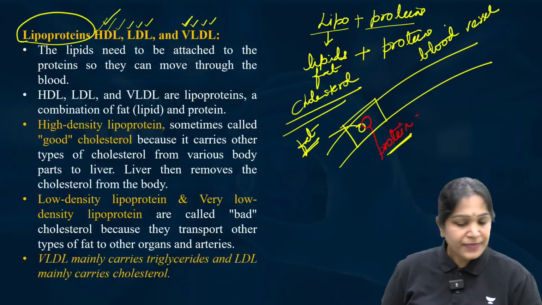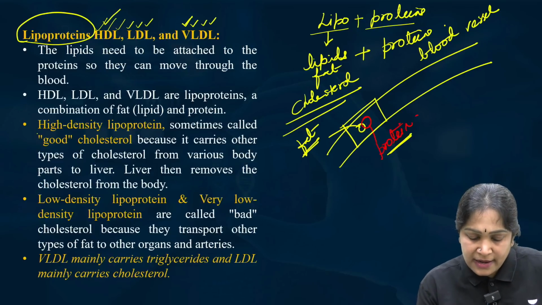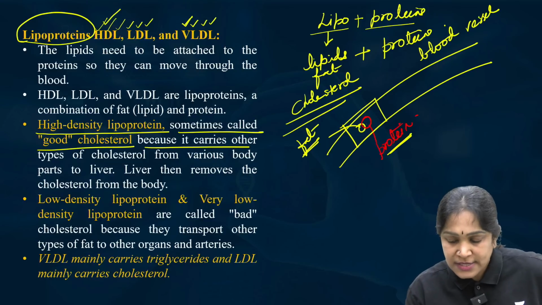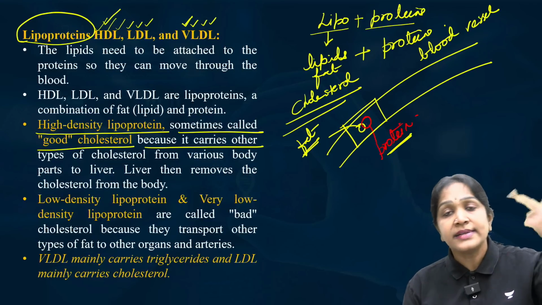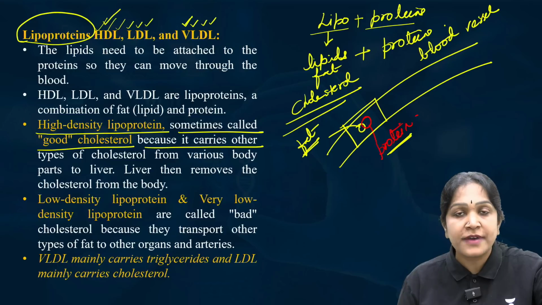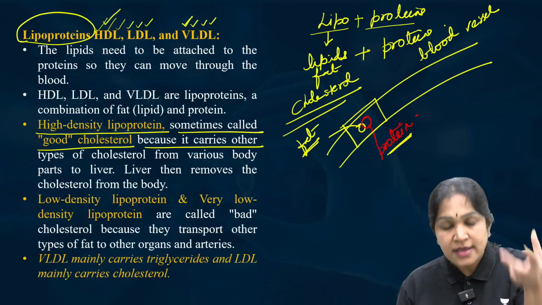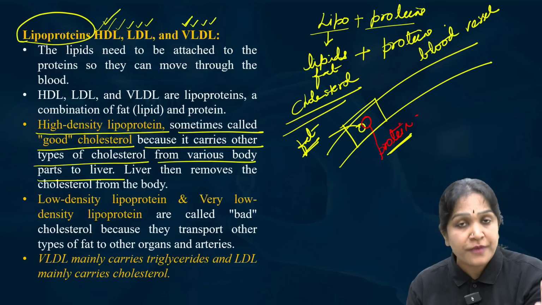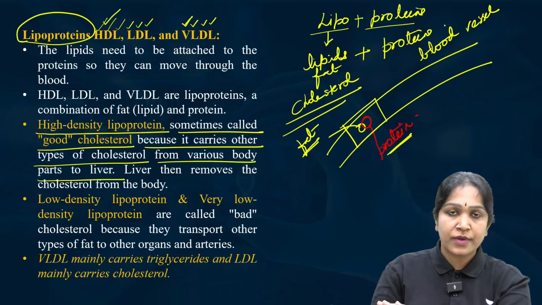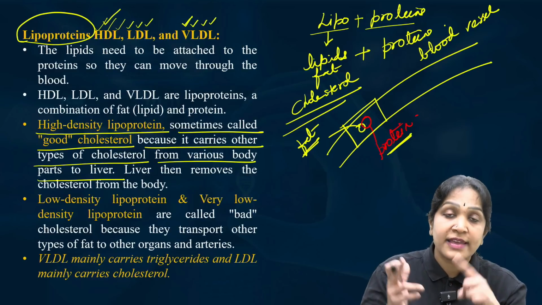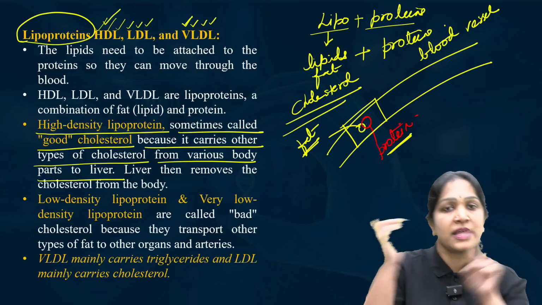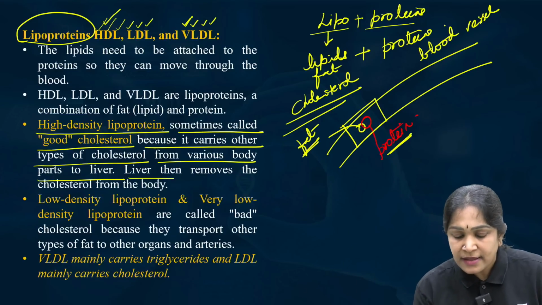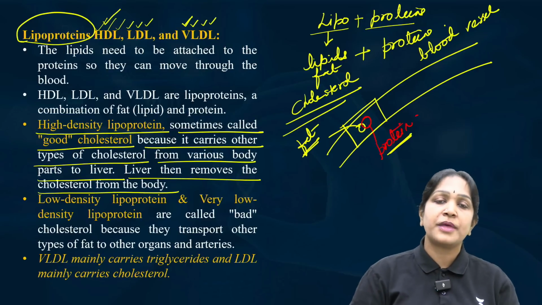Because the HDL, high density lipoproteins, are called good cholesterol because they carry other types of cholesterol. What is the function of HDLs? They carry other types of cholesterol from various parts of our body to the liver. Liver then removes the cholesterol from the body.